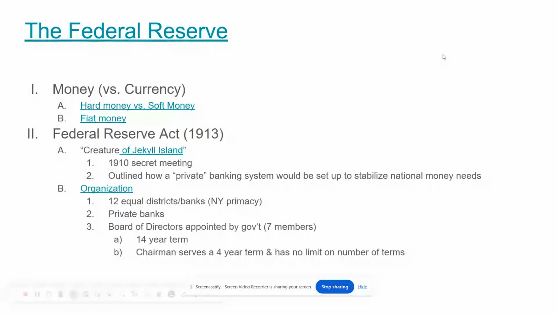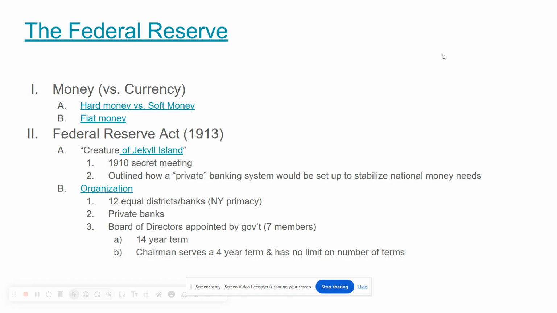So just as a quick recap, money is anything of value that supports an economy. Currency is the way that you buy and sell things. So when we're talking about money, there's what's called hard money, or sometimes referred to as commodity money.